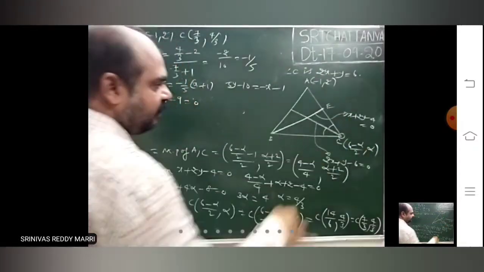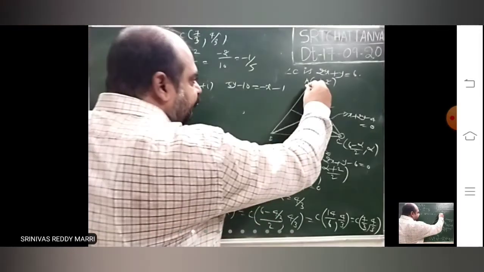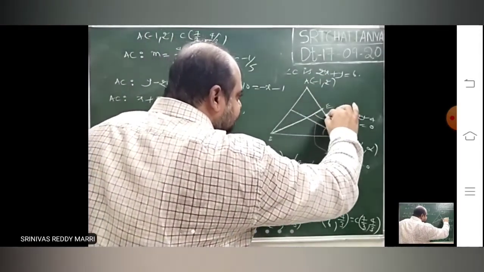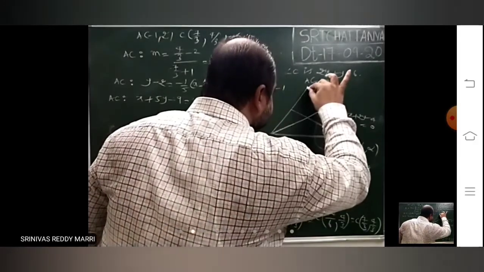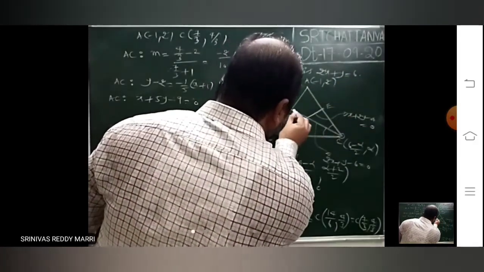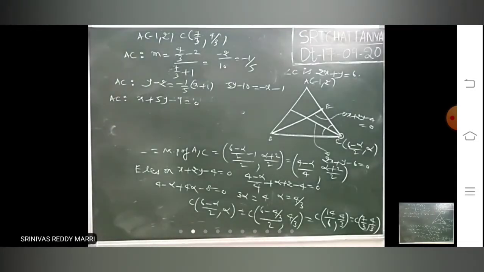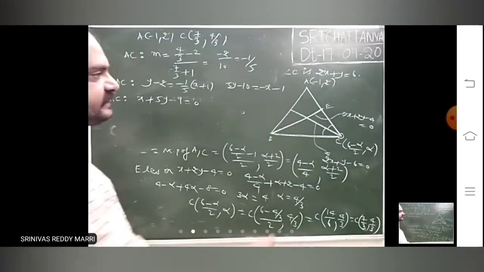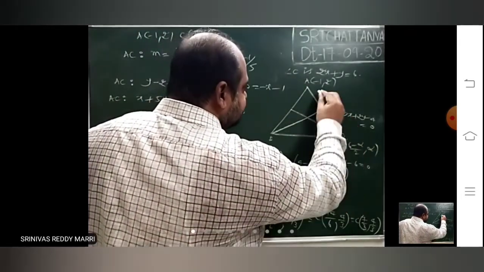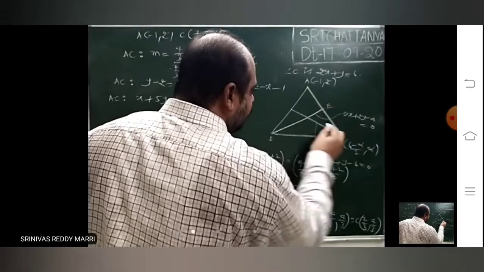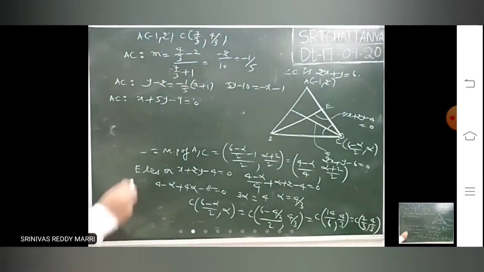Now AC equation I got. Now look at this one. So this line is there. For BC and AC, the angular bisector is given. Now you can find the equation of BC. So look at this, AC is nothing but one line, and the angular bisector equation you know, and the BC line you have to calculate.